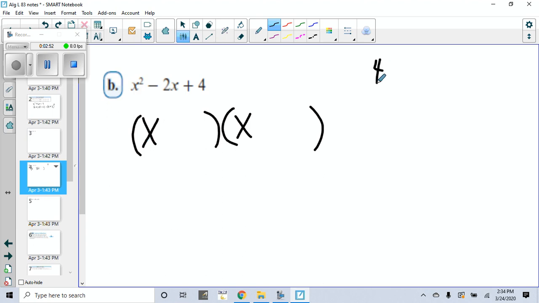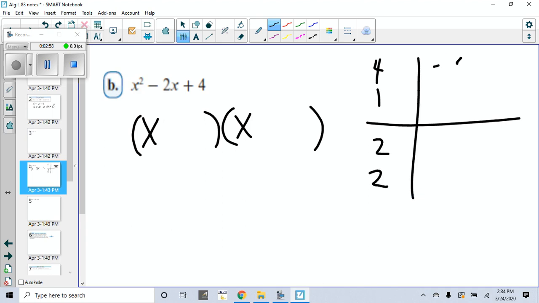So 4, 1, 2, 2, -4 times -1, -2 times -2. None of those work. This is not even factorable. So you would say this is prime, and it is definitely not a perfect square trinomial because you can't even factor this.